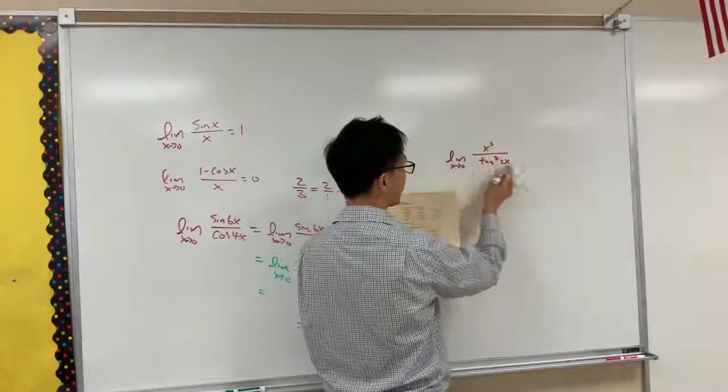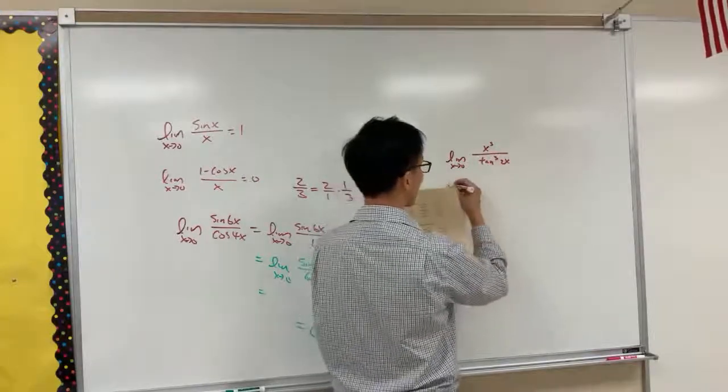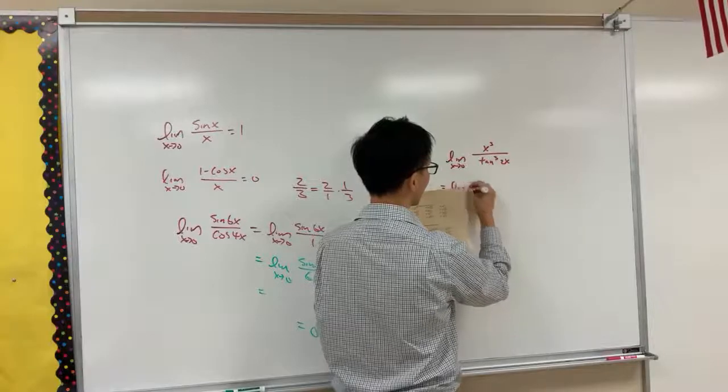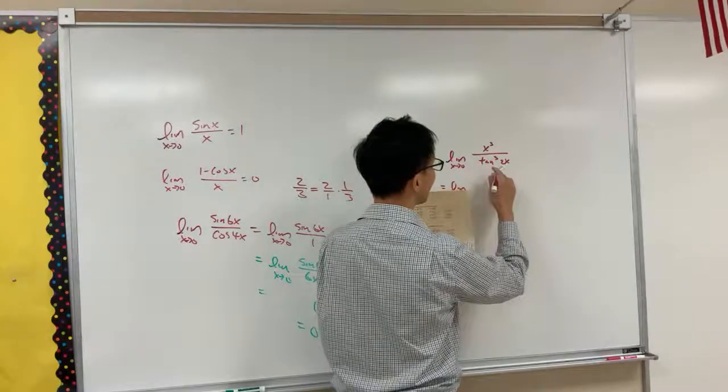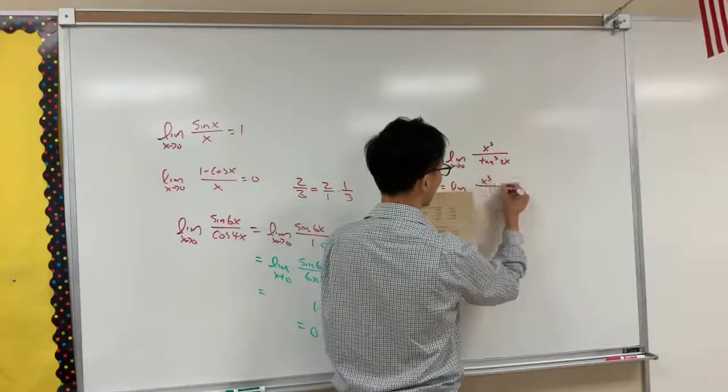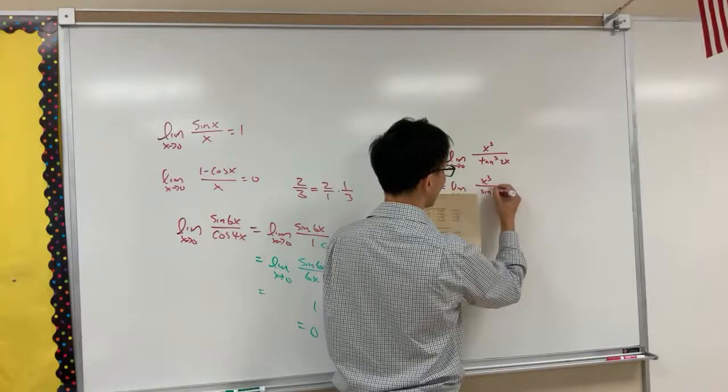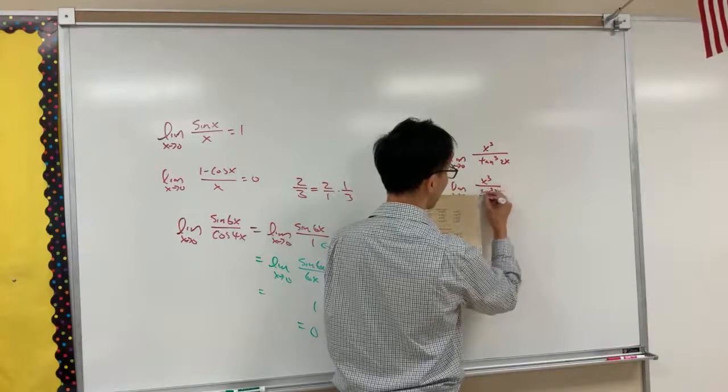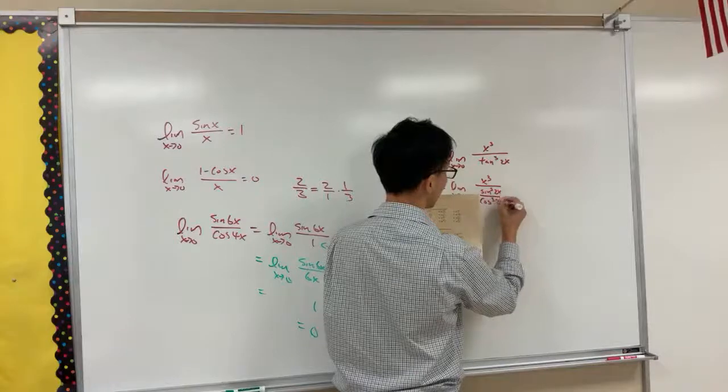First of all, I know tan cubed of 2x is, I'm going to rewrite that. The limit as x approaches 0 of x cubed over sine cubed 2x over cosine cubed 2x.